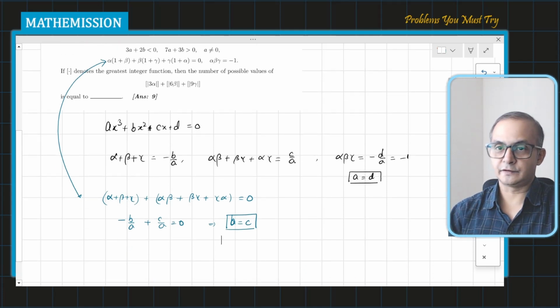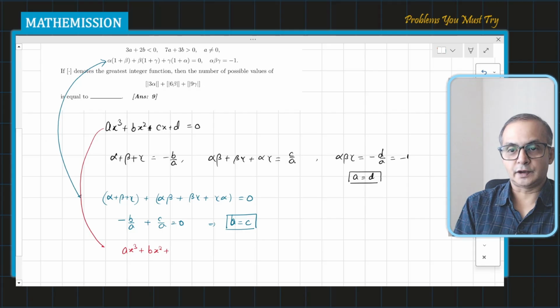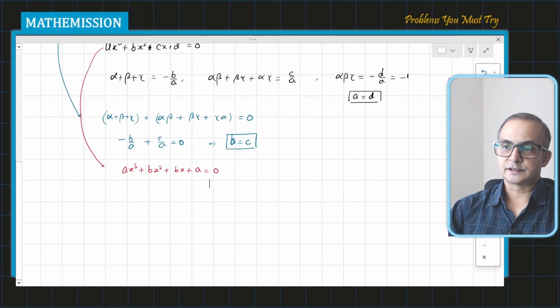We can redefine the equation. So I can write this equation now as ax cubed plus bx squared, and c is equal to b, so again bx, and d is equal to a, so again a. Now this is a symmetric equation.